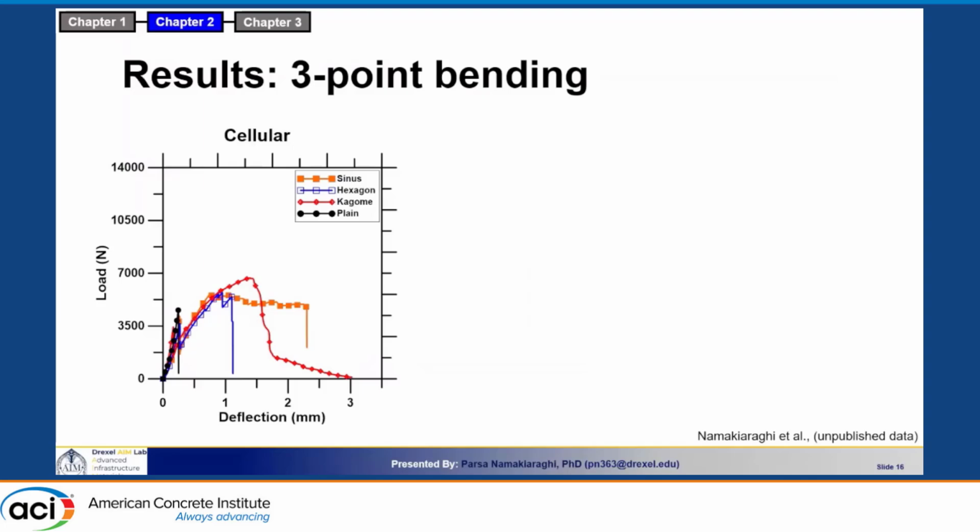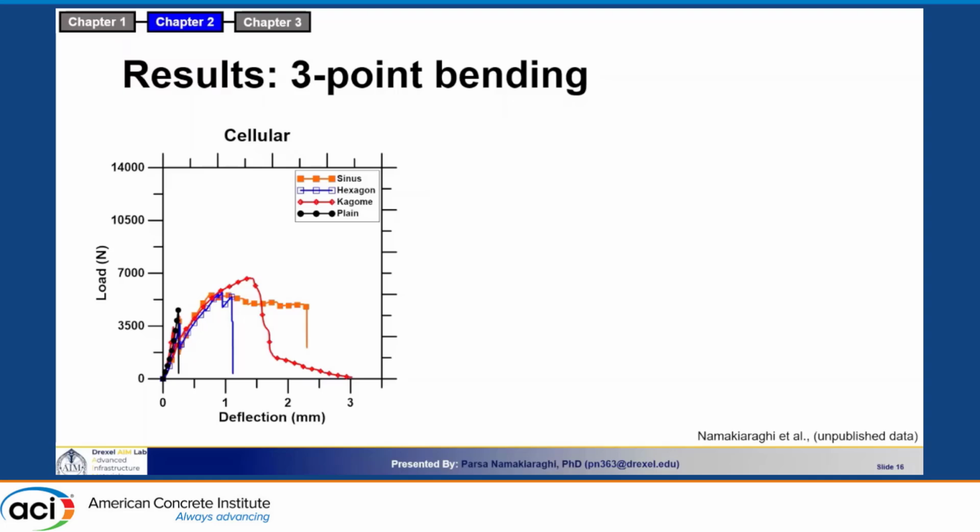And the initial results that we were able to see from our cellular samples showed that we are getting some increase in terms of the load and also the deflection compared to plain samples shown in black.